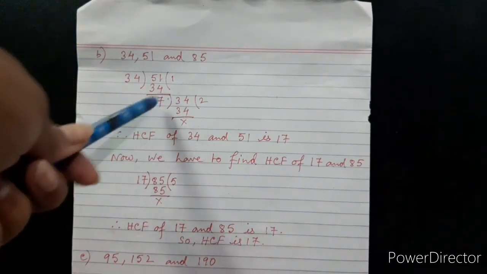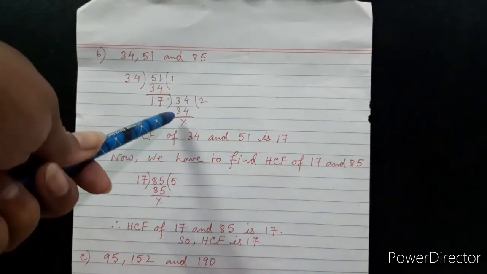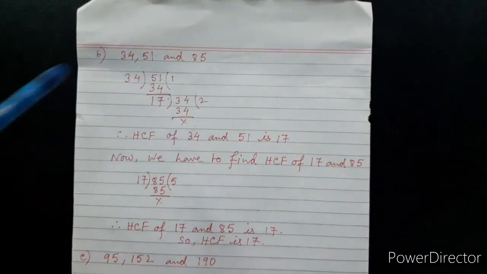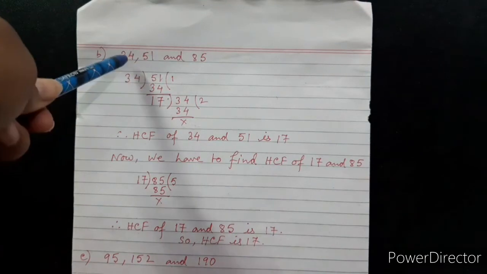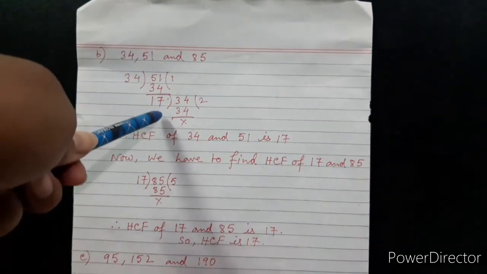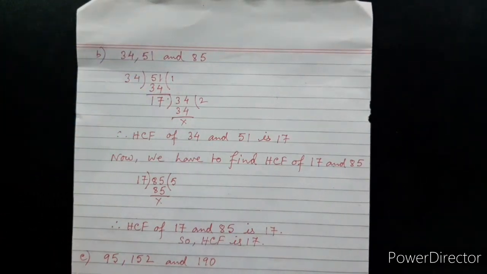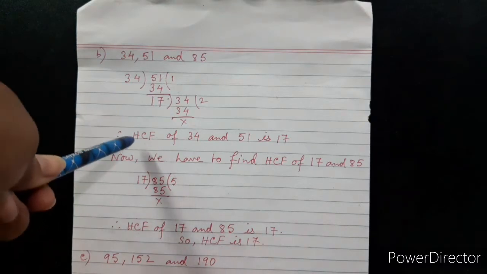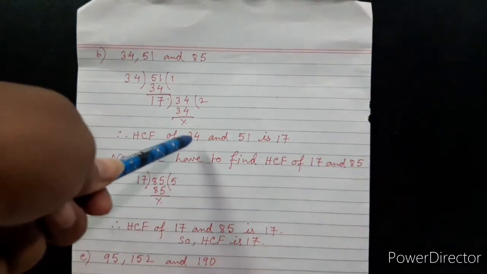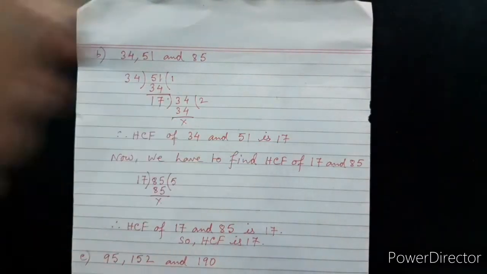So, we divide 34 by 17, 17 twos are 34, here we get 0 as remainder. So, in these two numbers, the final divisor is 17. So, the HCF of 34 and 51 is 17.